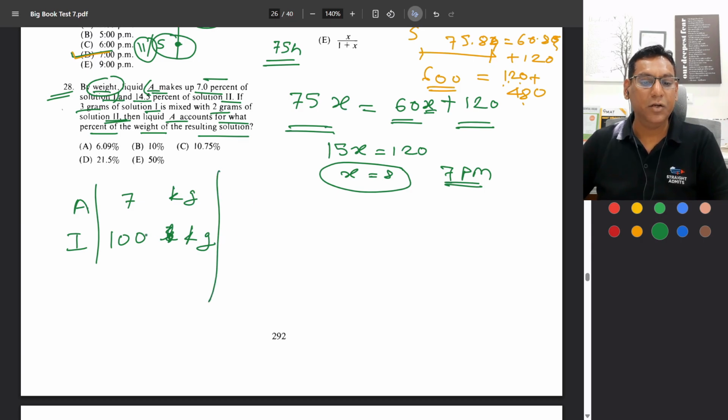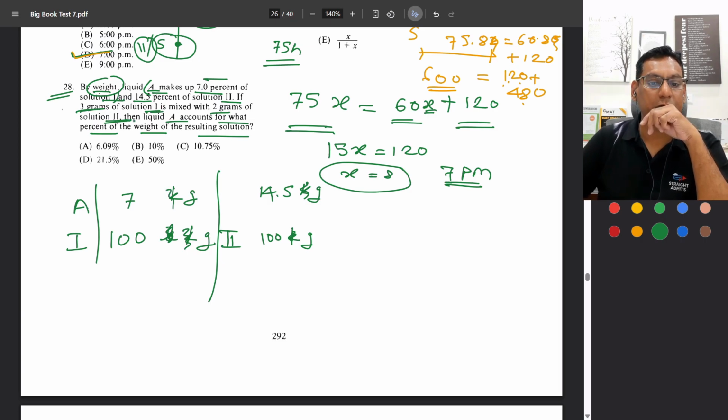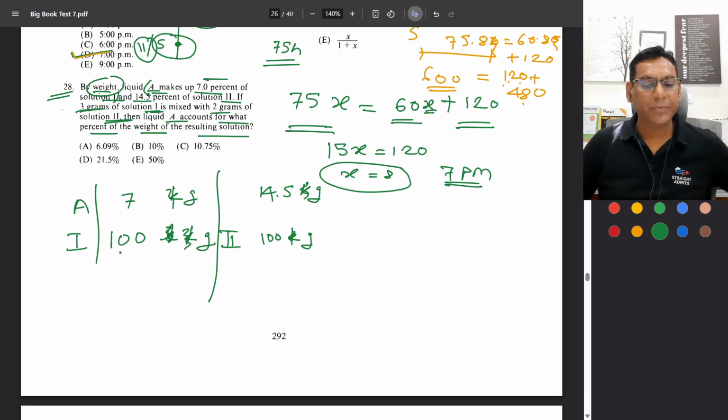Okay, and in 2, what is happening? Out of 100 kg, A is 14.5 kg. Okay, all right, I got it. If 3 grams of, all right, let's not take kilograms, let's say grams only, right? If 3 grams of solution 1 is mixed and 2 grams of solution 2 is mixed, how much will A be in 3 grams?